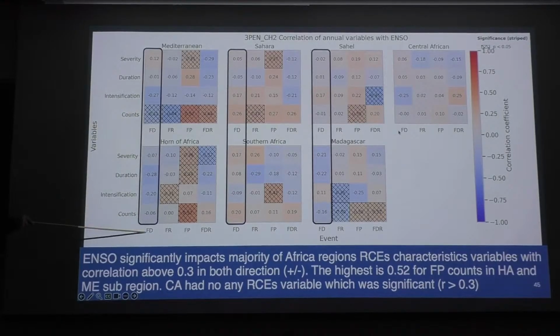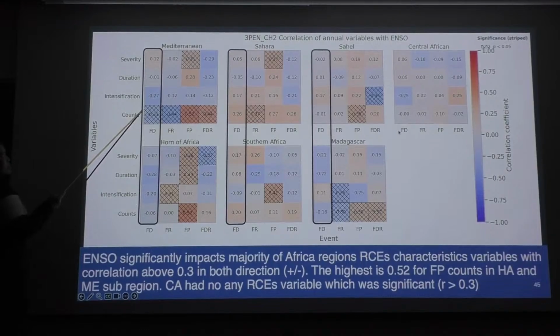These boxes, I just wanted to show you how this changes. These boxes over Horn of Africa tend to have a correlation toward negative for flash drought. But for flash pluvial, the extreme part is positive, even for Mediterranean.